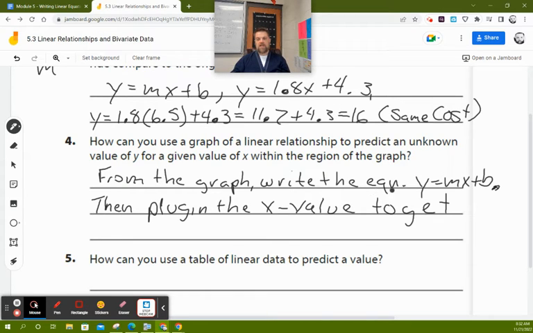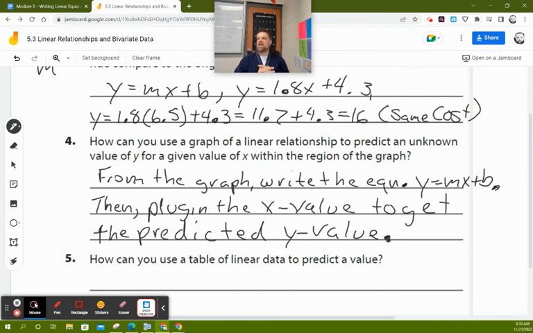Oh, the EQN? Yeah. That's just an abbreviation for equation. Okay. Then plug in the x value to get, I'm going to say the predicted y value. So all of science and all of mathematics does this.